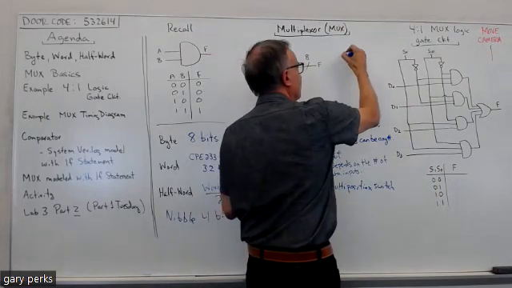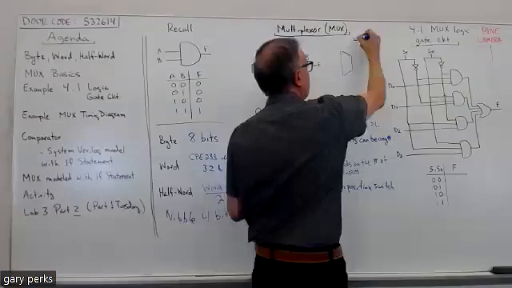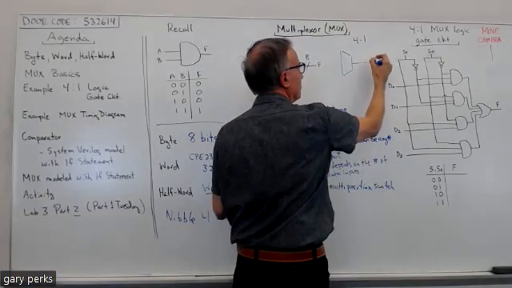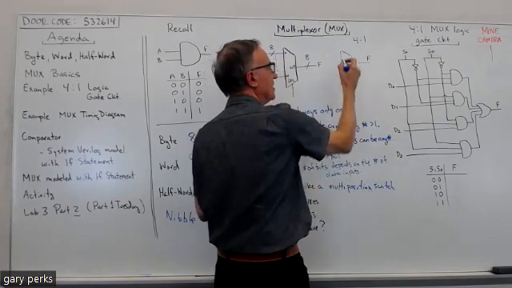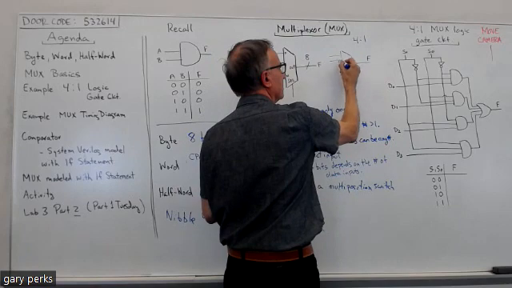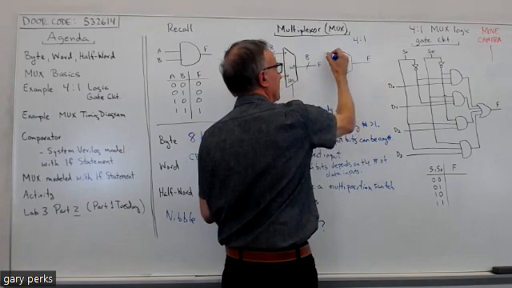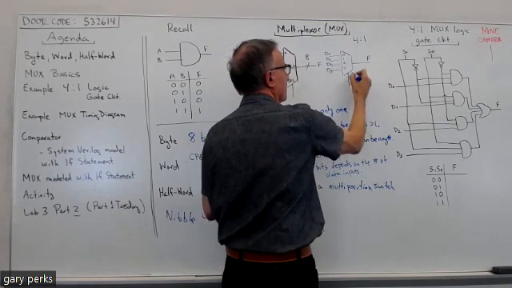Let's say I have a 4-to-1 MUX. What 4-to-1 means is that there's one output, because there's always one output in a MUX, but this 4 means that it has 4 data inputs. I'll label these inputs 0, 1, 2, 3, and label the data D0, D1, D2, D3. Here's my select.